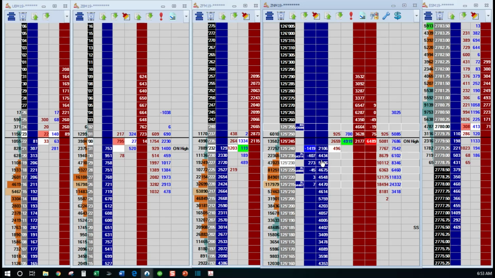This could turn into just a trend day here in the ZN. Five-year back ticked. See how the bids and offers change with every single tick over here.